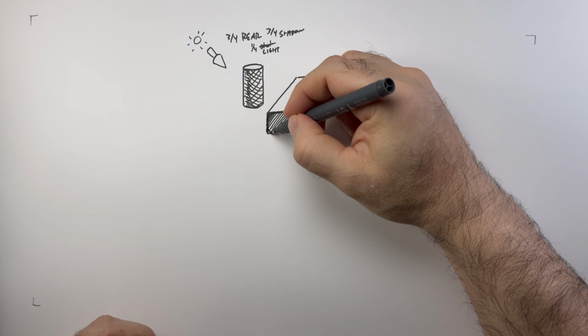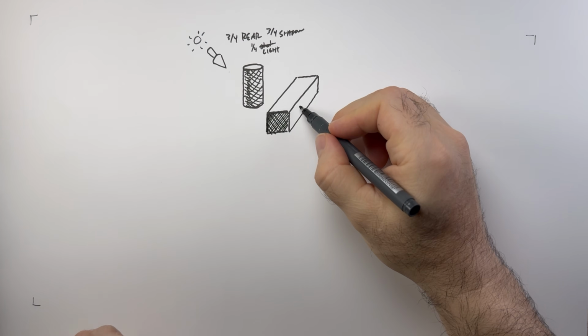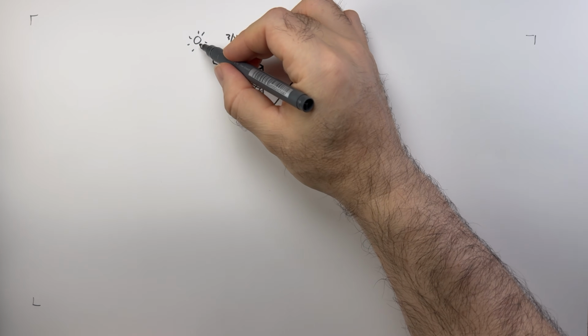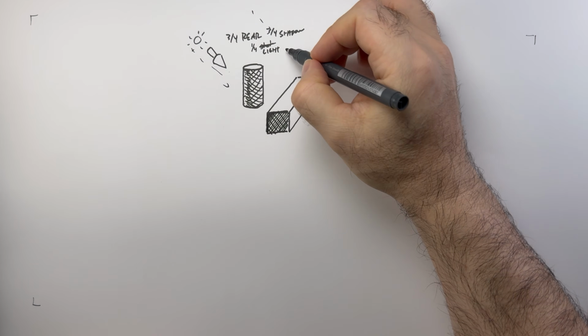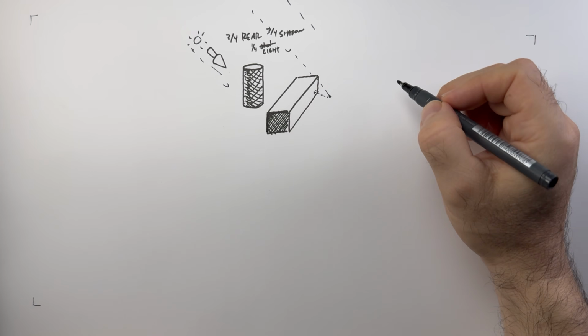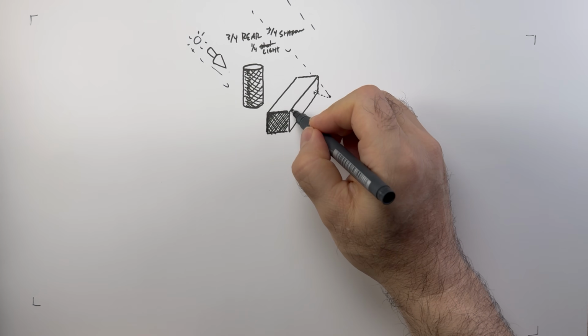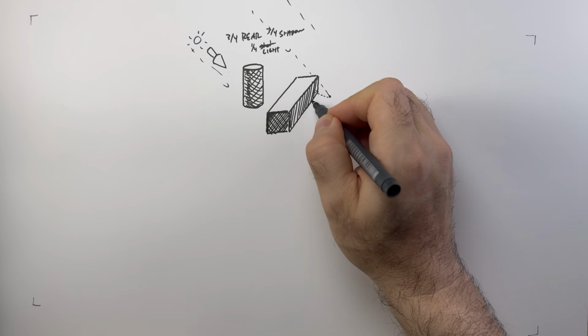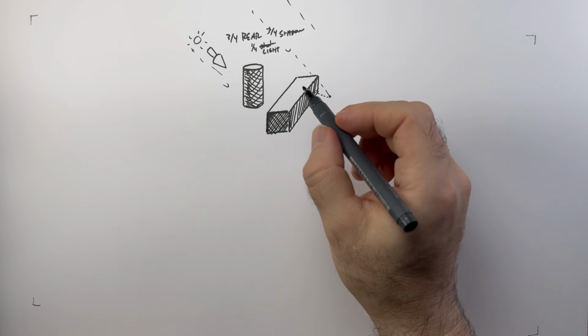Why? Because of reflective light, there's bounce light coming through, and it's bouncing right here. So what we're going to do is give this some bounce light.